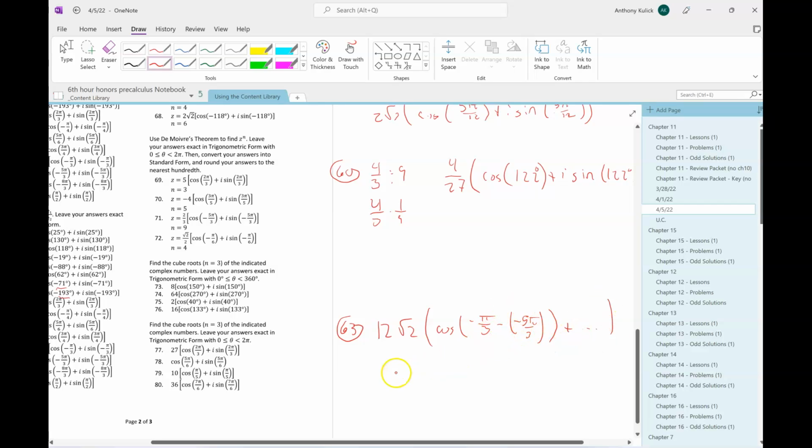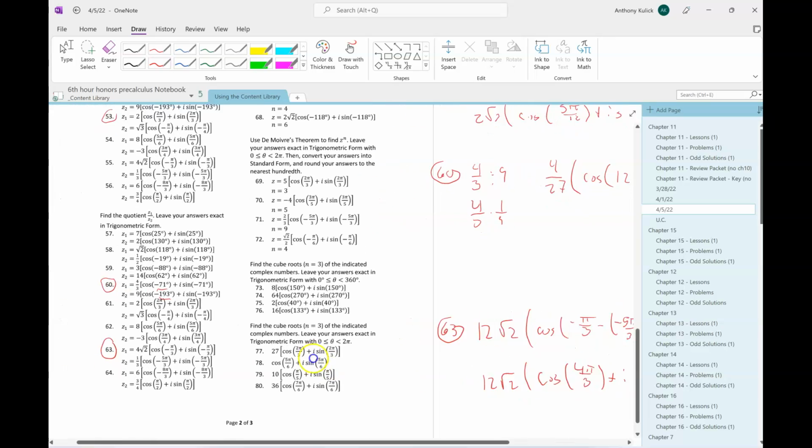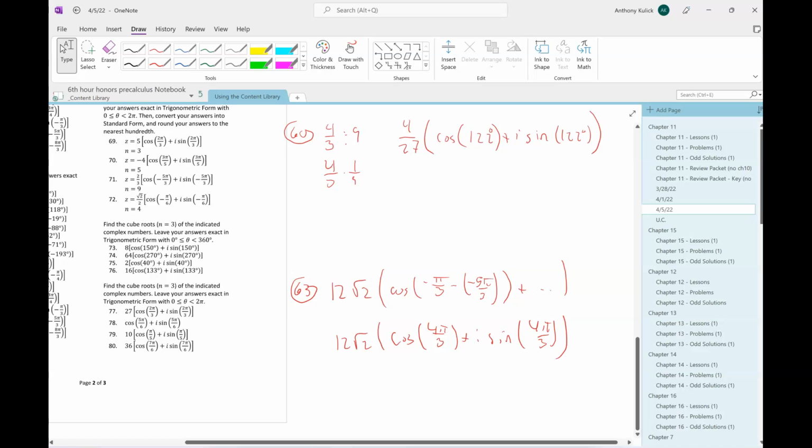So that gives us 4 pi over 3. And I think it asks for trigonometric form, so we're done at that point. Is that okay? So again, division, you divide the r's and subtract the thetas. Multiplication, you multiply the r's and you add the thetas. At least when you're in trigonometric form, right?